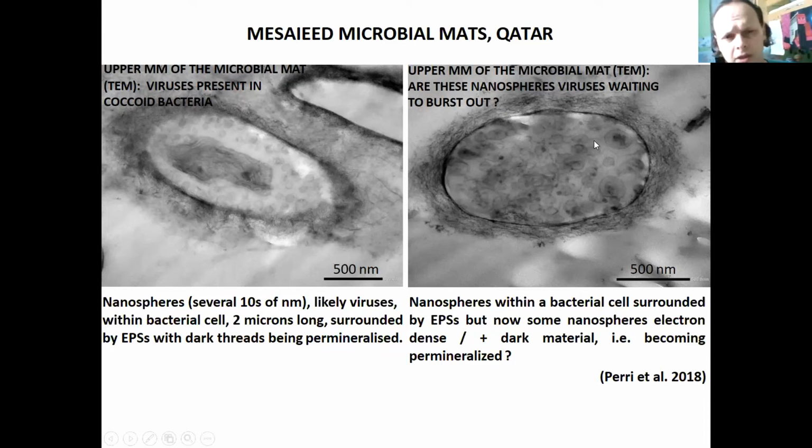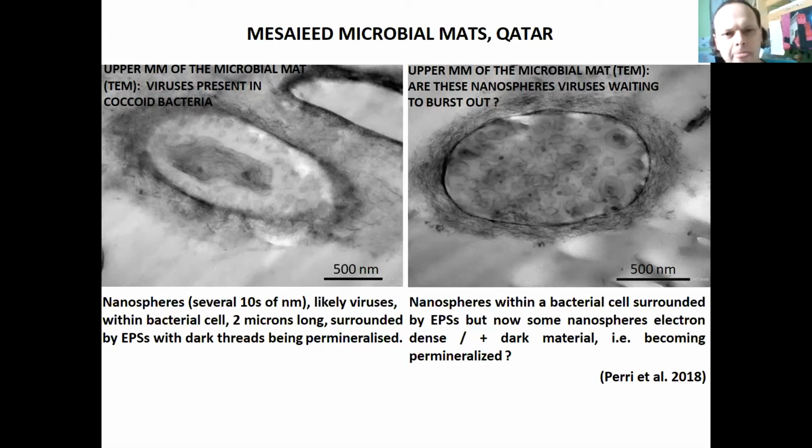in the cell itself are tiny nanospheres of viruses, most likely, we can tell, waiting to burst out, so to lyse, so to kill, in other words, the bacterium and escape from inside the cell.